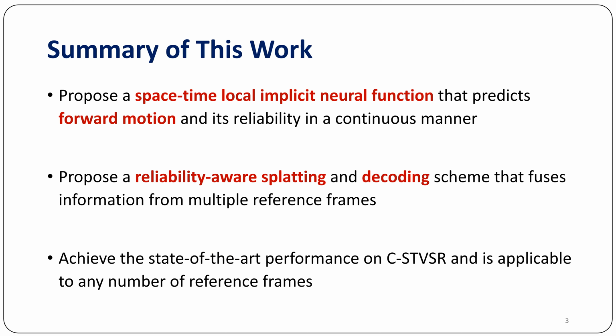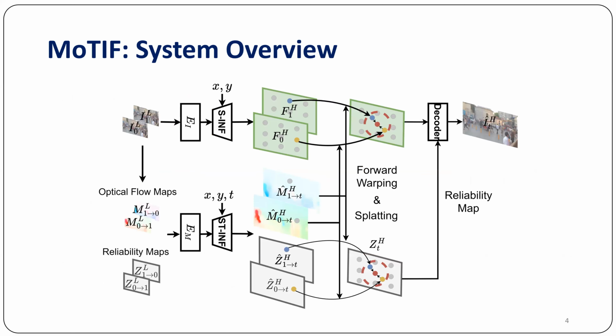To fuse information from multiple reference frames, we propose a reliability-aware splitting and decoding scheme. Experimental results demonstrate that our MoTIF achieves state-of-the-art performance on continuous spacetime video super resolution and is capable of handling any number of reference frames.